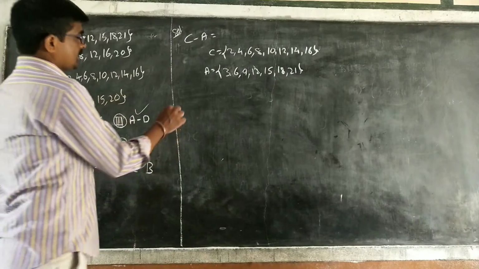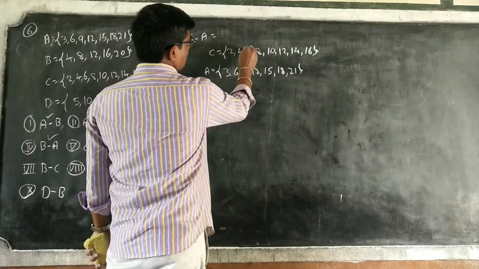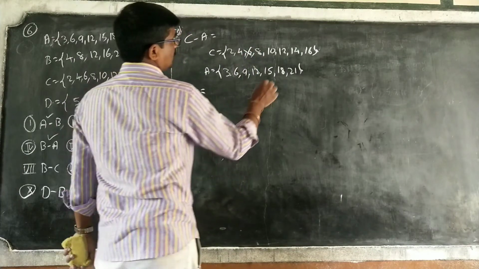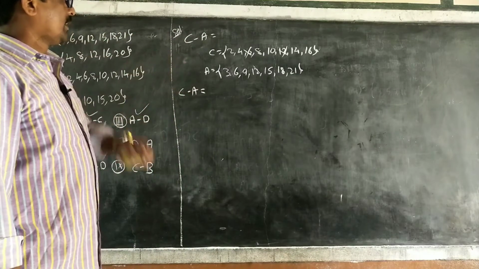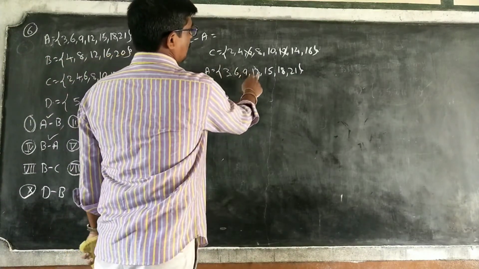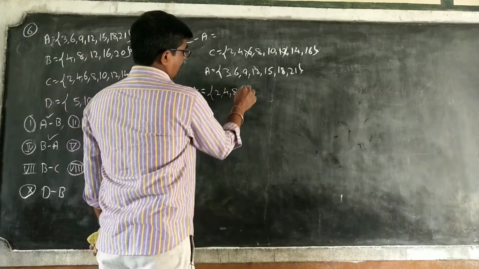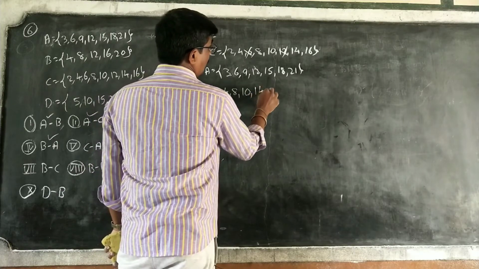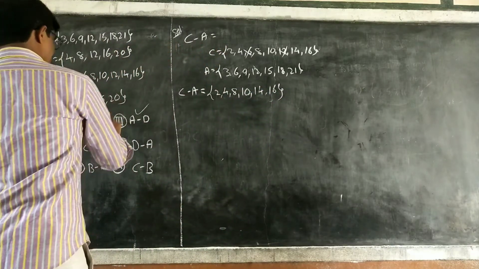So C minus A, common elements you have to remove. In this which is common? 6 is the common. 12 is the common. Is there another one? No. 6 and 12 only. How to write? 2, 4, 8, 10, 14 and 16. This is C minus A.